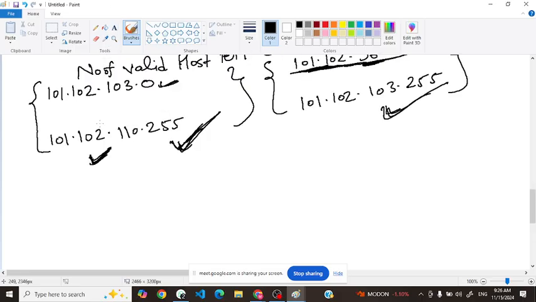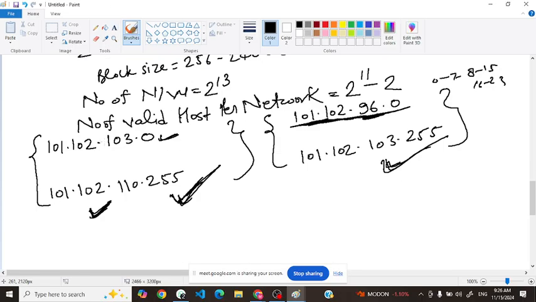Tricky means that you have to calculate from the block size 0, 8, 15, and that's why you go up to 96, and 96 is the network ID, and 103 comes in the last one. Sir, can you share the screen before? I will tell the next subnet. 101.102.111.0. Yes, it is correct.